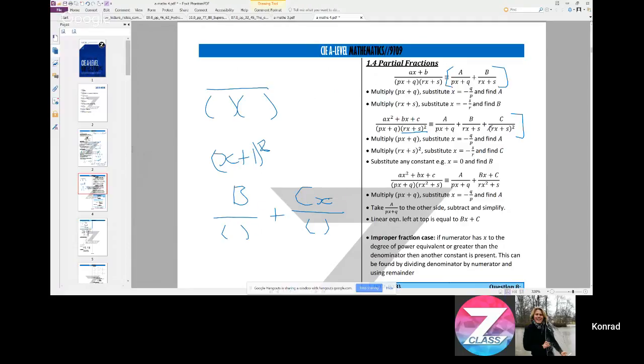And this is just a nicer one because it maintains just having a number on top and not an X. So that's why they do it here. Yes, okay, that makes sense actually, fair enough. It's about having three possible things, because you've got three factors on the bottom, so you're always going to need three fractions. And these have the same factors.